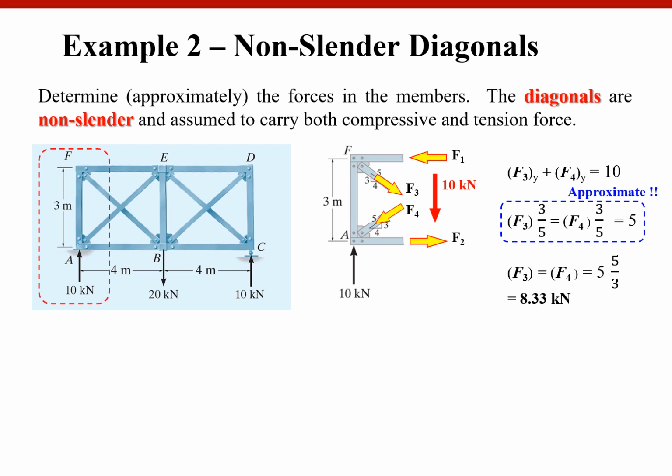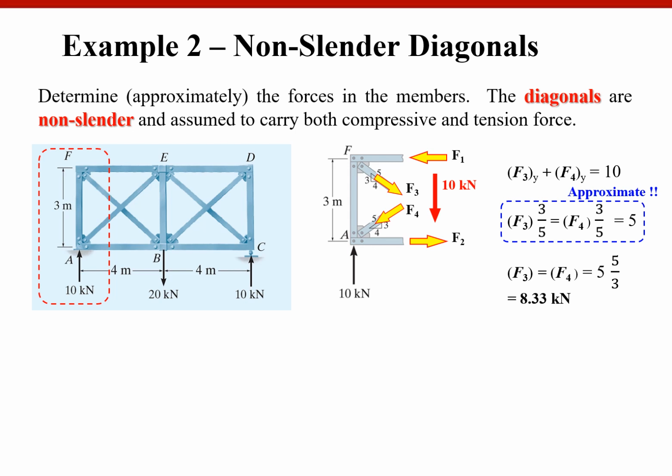So how do I know F3 is the same as F4? They may not be. We assume so based on our experience. Even though they are not exactly the same in practice, they are very close. So we are going to assume F3 and F4 are the same.